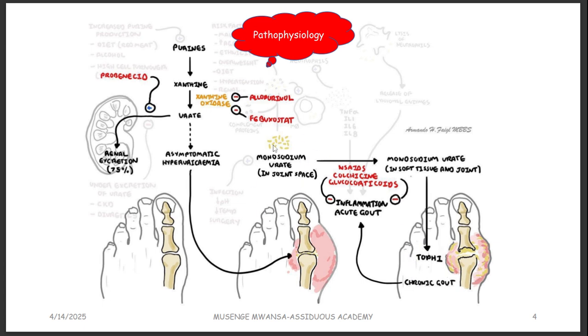So this monosodium urate can lead to inflammation. So we're going to have inflammatory cells coming. You can see there's destruction of the tissue here. Okay, so there's inflammation. So you can have drugs that you can give at this point to inhibit the inflammation. Drugs like NSAIDs, colchicine, the glucocorticoids. Glucocorticoids work like NSAIDs, just that these are much broader.